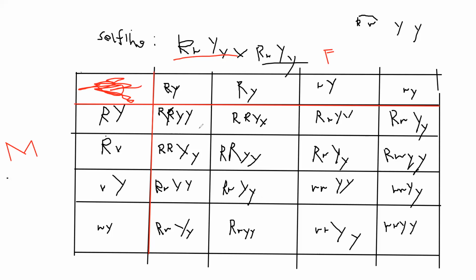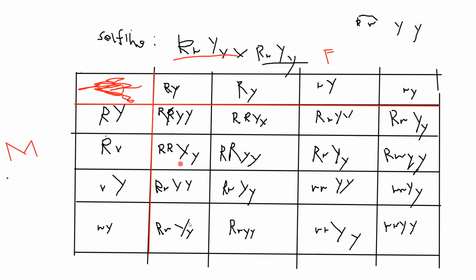So there is 1, 2, 3, 4, 8, 12, 16. So you have 16 different possibilities. Now we'll do the phenotypic and the other ratio, but can anyone tell which one is wrinkled and green? There's only one case here that is wrinkled and green.